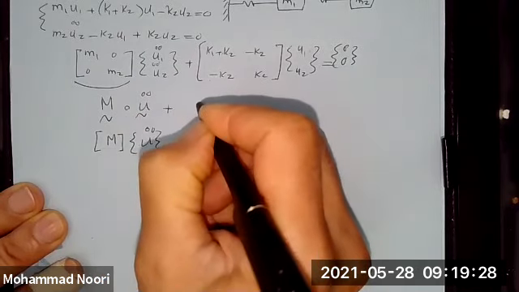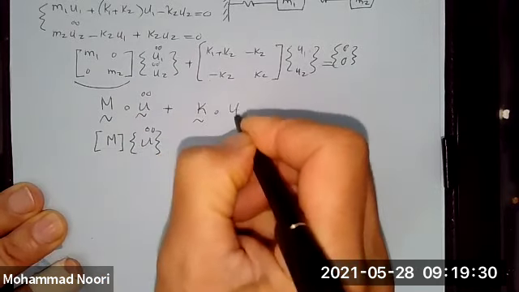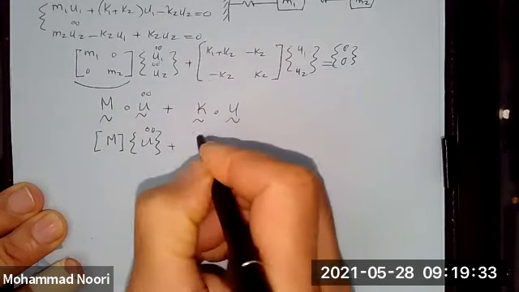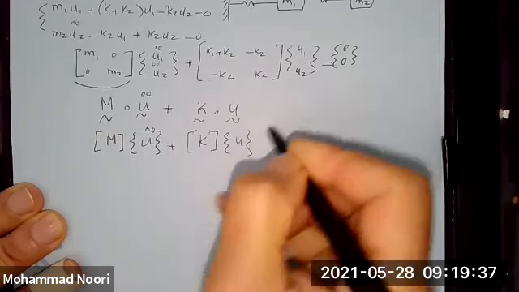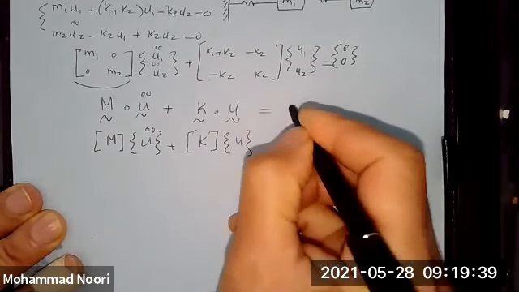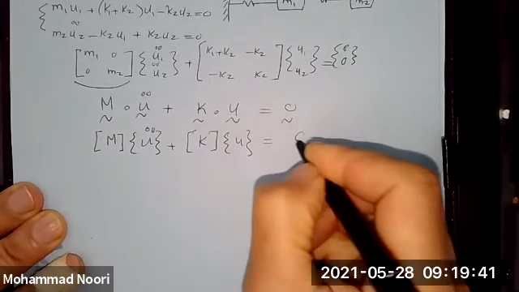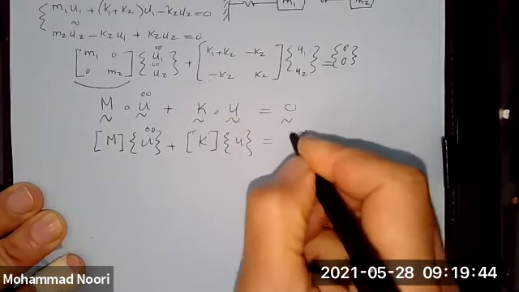So I would write it like this, M U double dot plus K U equal to 0, or the other notation, equal to the zero vector.